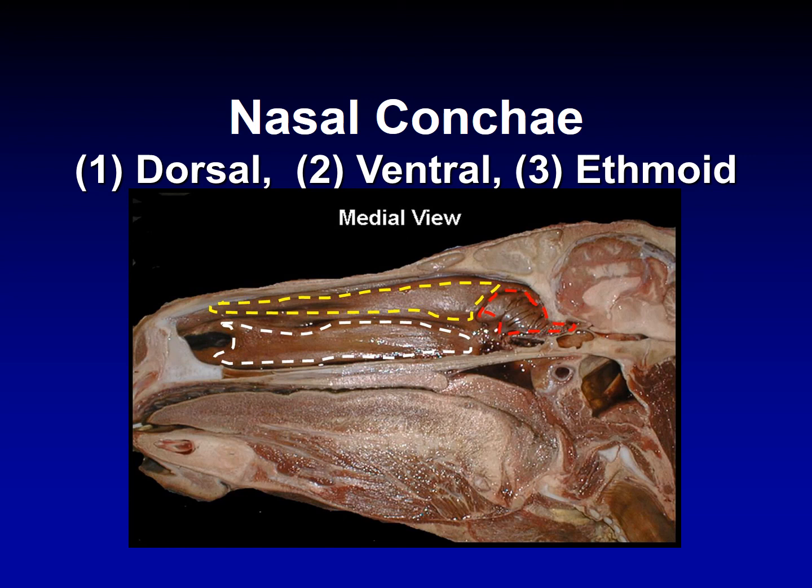So when we take out that nasal septum, that hyaline cartilage that separates the left and the right nostrils, we will find the conchas. The conchas are three: dorsal, ventral, and ethmoid. Now, between these conchas we have what we call nasal meatuses.